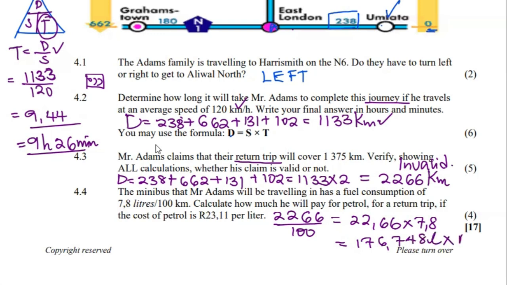But each is 23 rands 11 cents. Let's multiply there, and they might spend 4,084 rands 65 cents.